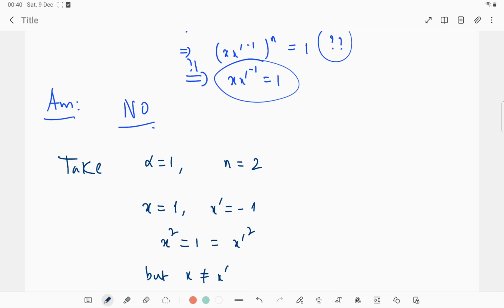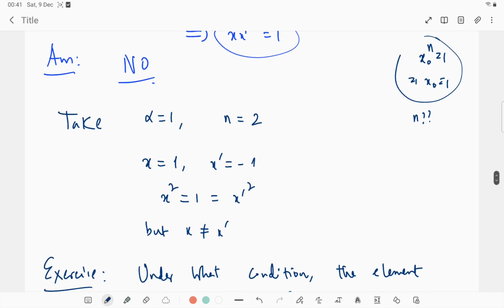When you observe that x naught to the power n equal to 1 implies x naught equal to 1, what should n be so that x naught to the power n equal to 1 implies x naught equal to 1?